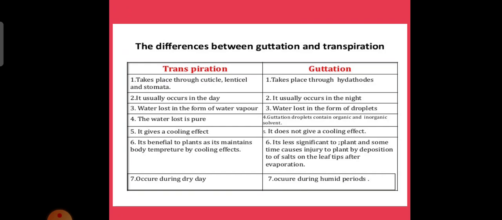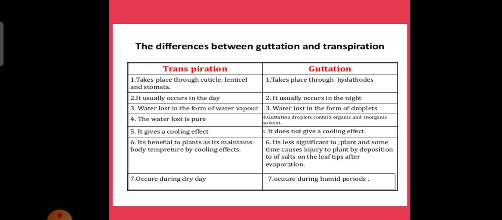Cuticle is a thin layer, and lenticels are the areas outside the epidermis, and stomata are the small opening pores in the leaves. And the guttation process takes place through hydathodes. These are also small opening pores without guard cells. Stomata have guard cells and hydathodes don't have guard cells.